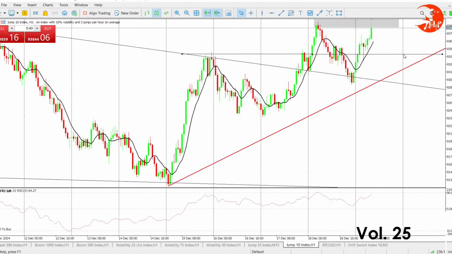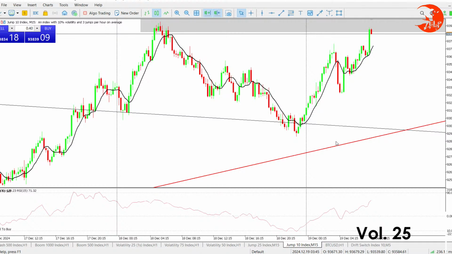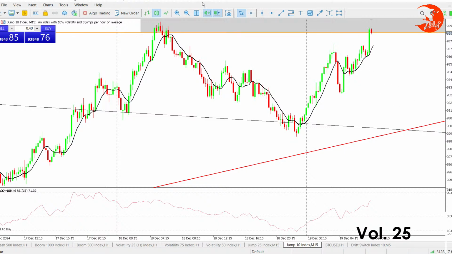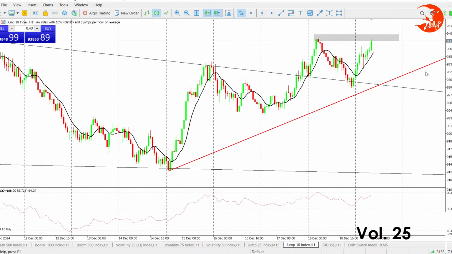But how are we going to do that? H1 is showing sales, from this level it showed us sales. M15 showed us buys. It is still showing us buys. So for now, I can't make any entries for the buys until I see the breakout right there.